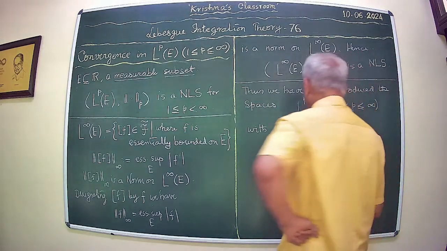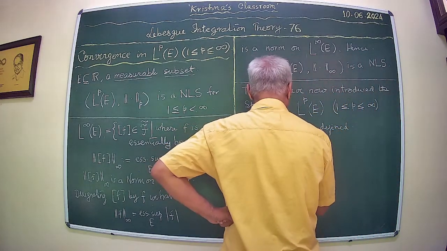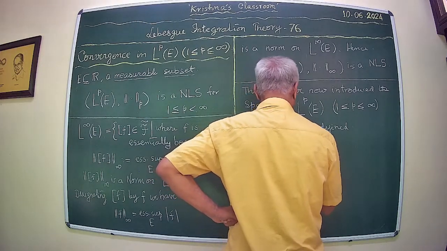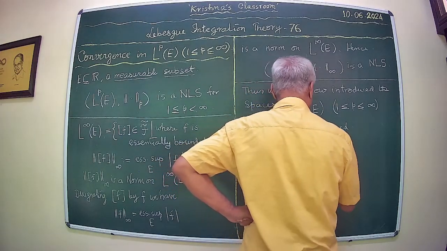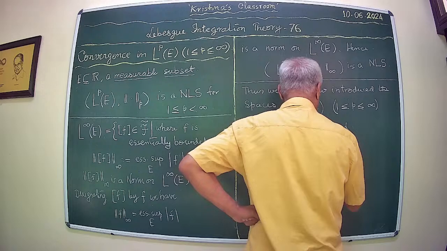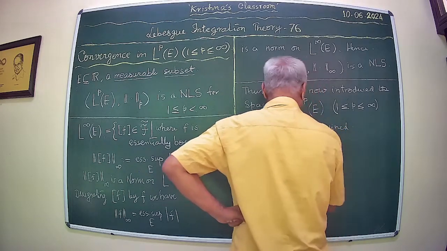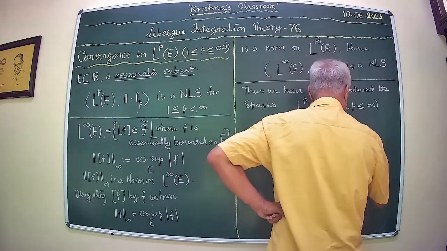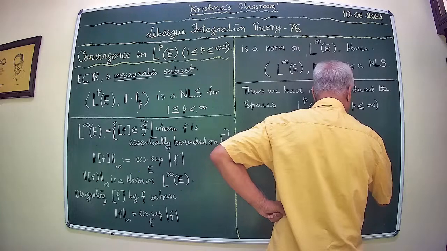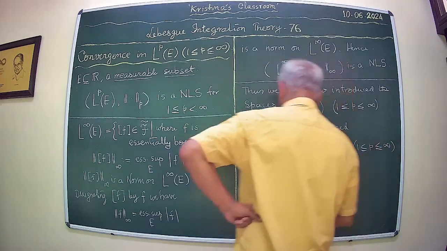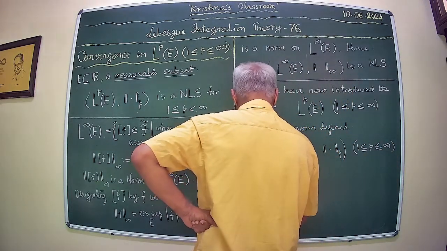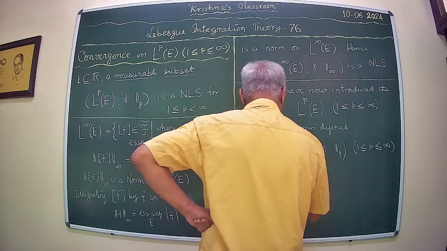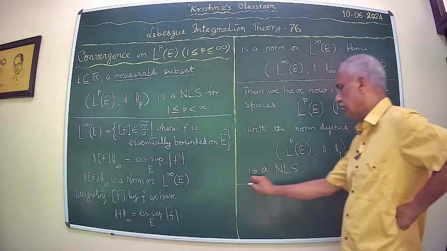So what we have is, therefore, L^p(E) is a normed linear space.